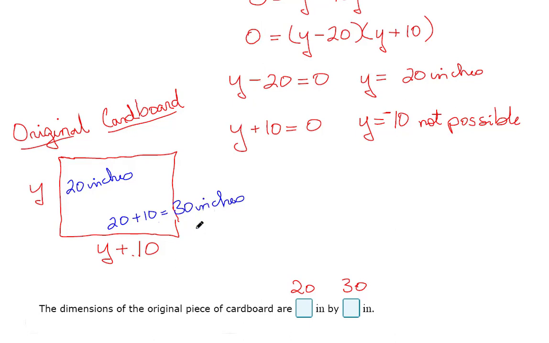Now you could also check your answers to make sure they make sense, because remember, I'm chopping out 5 here and 5 there, so I'm getting rid of 10 inches. Well, that's okay. This is 20 inches, so that's still possible to do. So my original cardboard piece is 20 by 30.